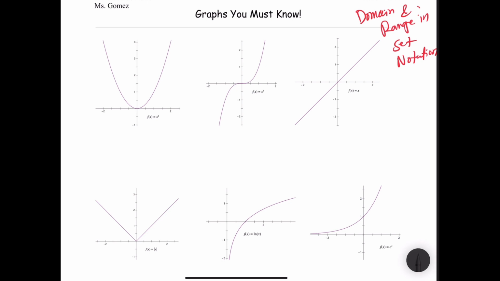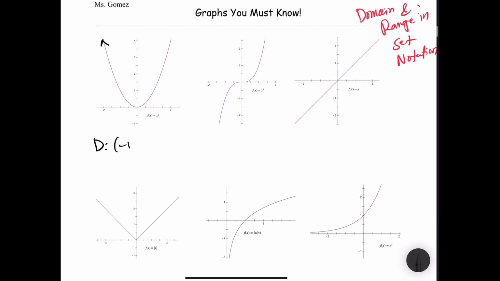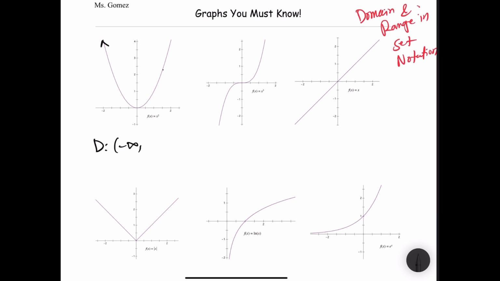So on this parabola, I know that if I go toward the left, it is going to extend forever to the left till negative infinity. And as I observe what happens to the right, it's also going to keep growing to the right to positive infinity. Okay. Now looking at the range, as I look at where this function goes downward, there is a stop.